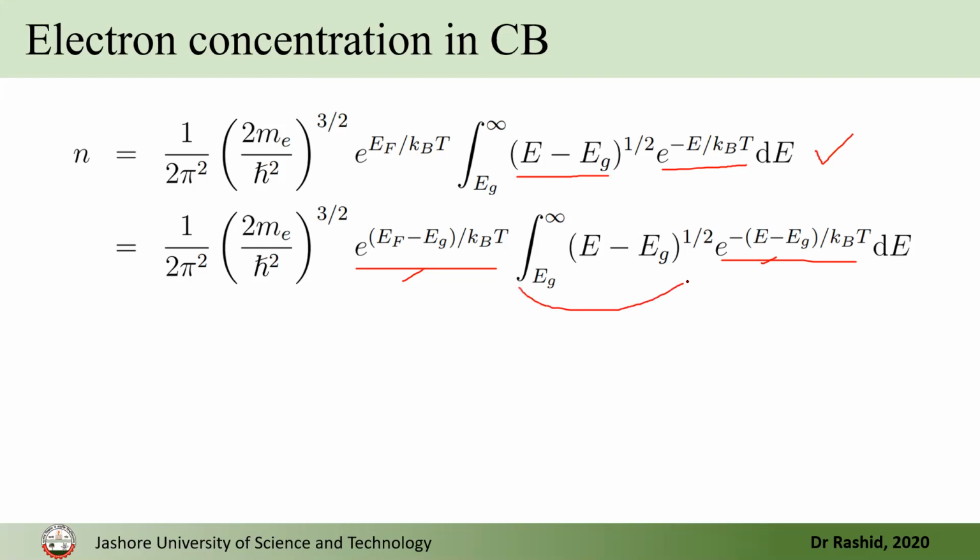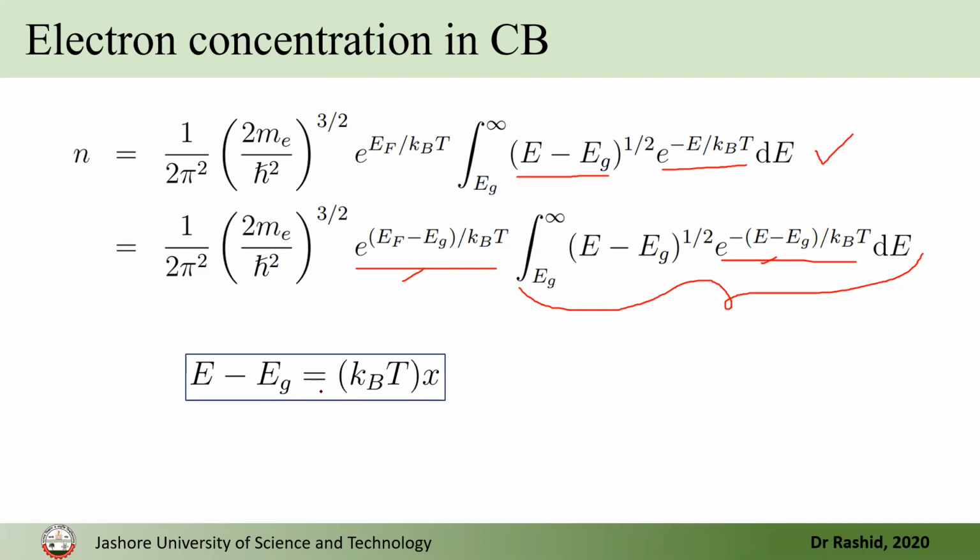Now what we need to do is evaluate this integral. To do so, let us change the variable. Let us write E minus EG equals kVt x. So we have dE equals kVt dx.